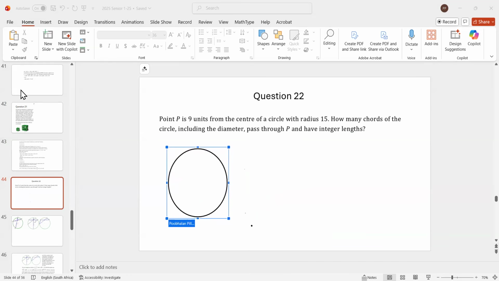So you have the center. Point P is 9 units, and the radius of this circle is given. It's 15. The radius is 15, and your point P is 9 units from the center.